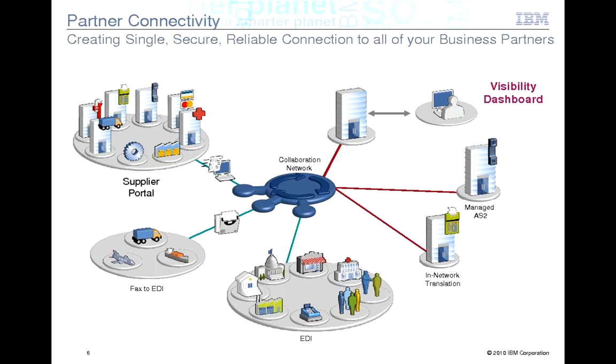Now, that is very different from what you have today, which are your systems of record. The systems of record will always remain in place, receiving and consuming those documents, but usually on a different timetable.